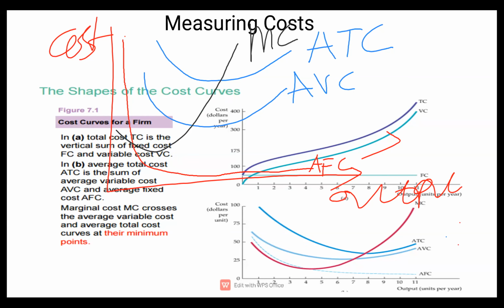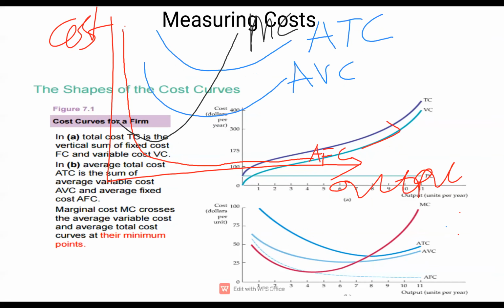Now, my question is, why do you think the marginal cost first cuts the average variable cost before it can cut the average total cost? Or in short, why should the marginal cost cut the average variable cost before cutting the average total cost?